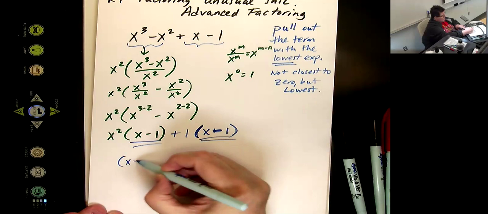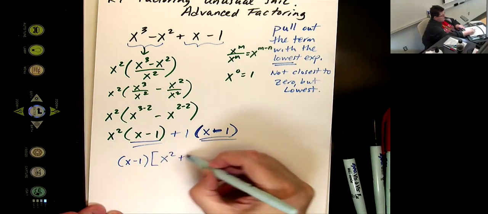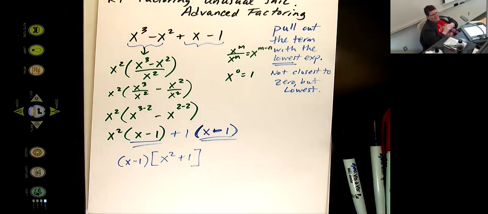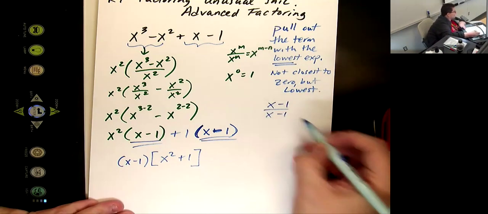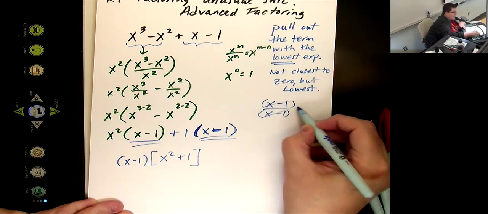There's an x minus 1 there, and that leaves behind an x squared plus 1. If I factor out the x minus 1, I had x minus 1 and I factored out x minus 1, so when they cancel out, you're left with 1.